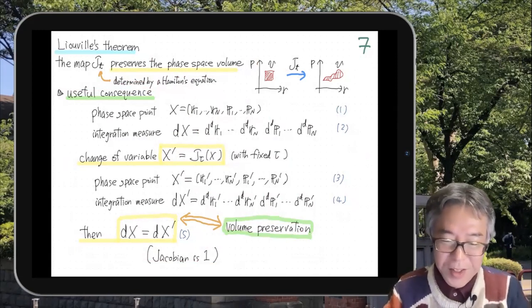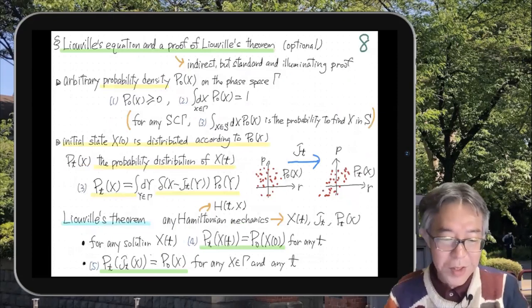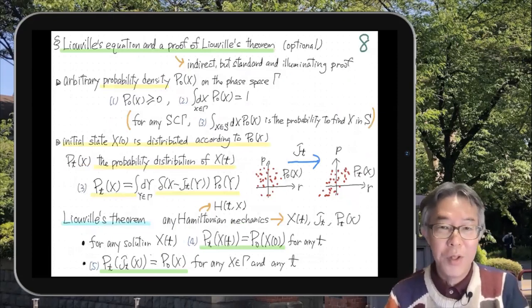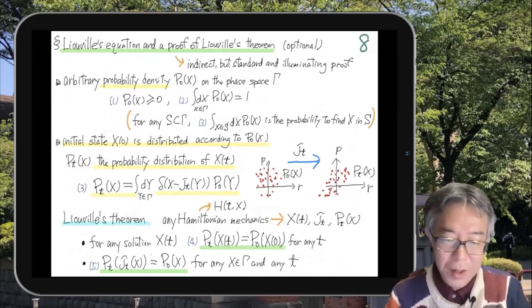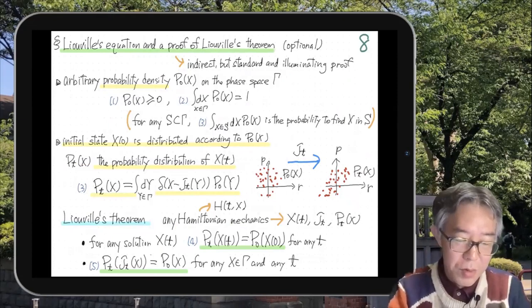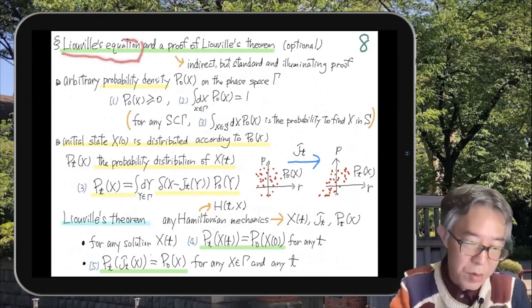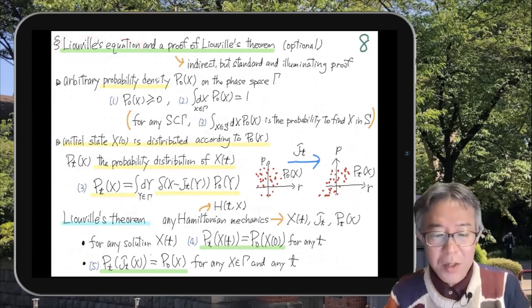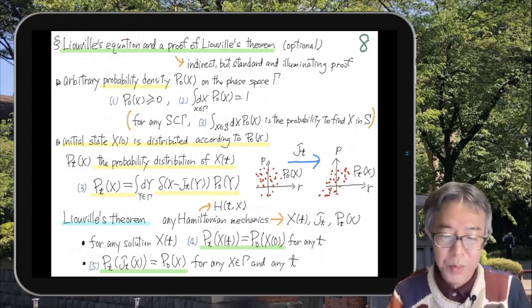But since this is a lecture, I want to be complete. So from now on, I'm going to talk about the proof of this Liouville theorem. And to prove this, I'm going to go through something called Liouville's equation. This is actually not a direct proof, but it is a very standard proof, and it's also illuminating.